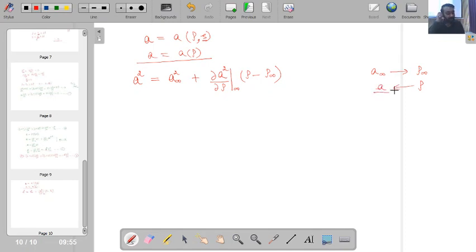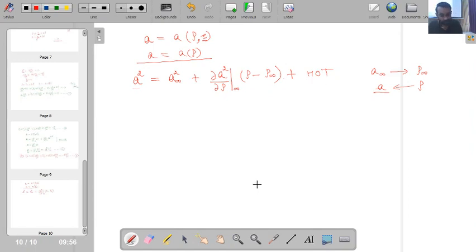So how can I relate the value of A by knowing the value of A infinity, if I know that my change of density is rho minus rho infinity? That is something which I am trying to do over here. So what I have done is write the Taylor series expansion. As per the Taylor series expansion, A square equals A infinity square plus del A square by del rho infinity into rho minus rho infinity, plus some higher order terms, which I am neglecting over here.